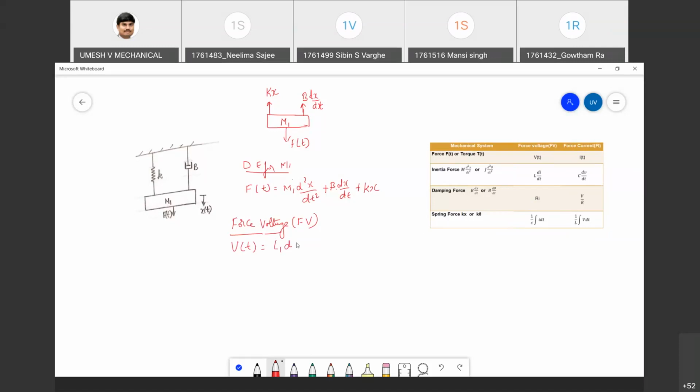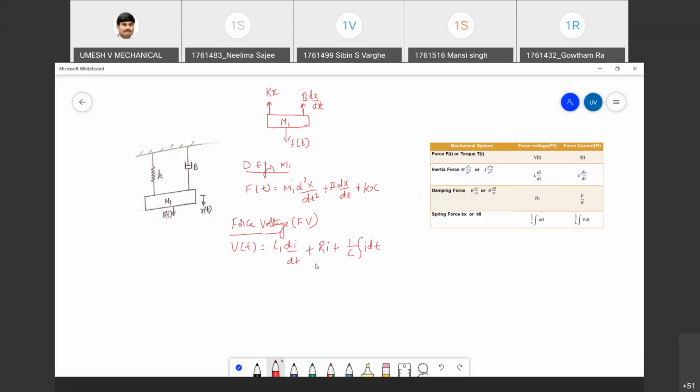d x by dt means I, so d I by dt. Plus B dx by dt means R into I. Is it right? Plus kx means 1 by C integral of I dt. Yeah, this is how you have to write the differential equation.